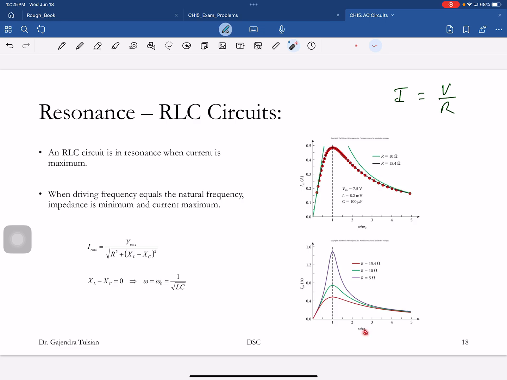So omega naught is the frequency at which this is 0. XL minus XC is 0 for omega equal to 1 over root of LC. Remember, omega L minus 1 over omega C equal to 0, and you solve this, and that's the value for which it's 0. So at that particular frequency, this is 0, and the current amplitude is the maximum.